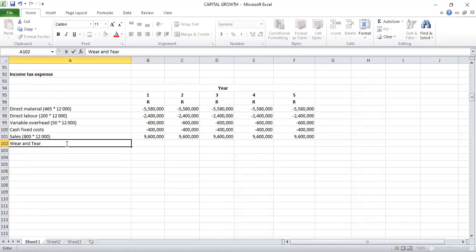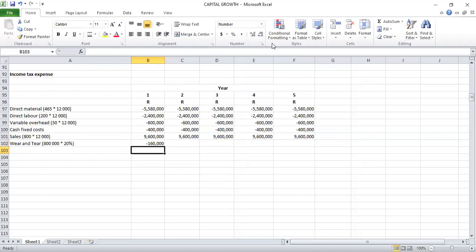It comes in the calculation of tax, which is, remember, the machine is 800,000 times 20%. What do we get?